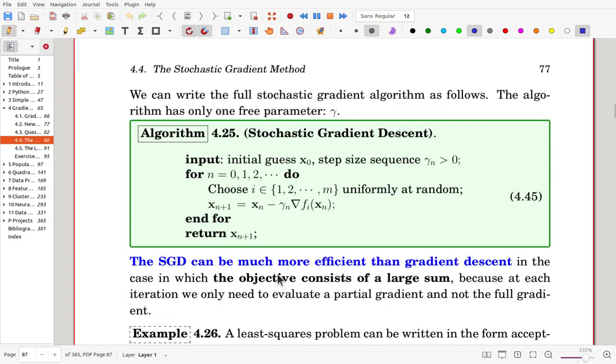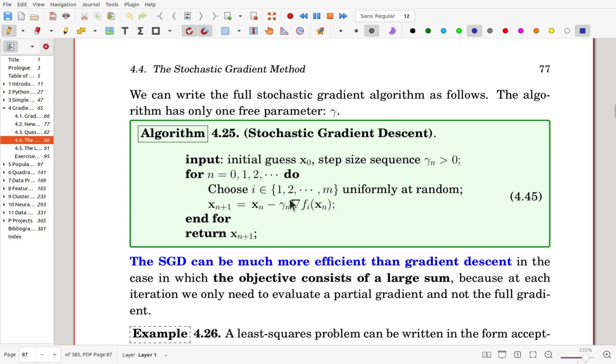Here we can write down the full stochastic gradient method. The input is an initial guess, x0, and a step size sequence. For each iteration, we choose i from 1 to m uniformly at random.